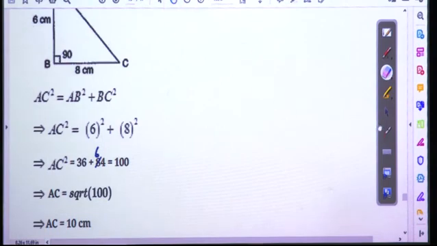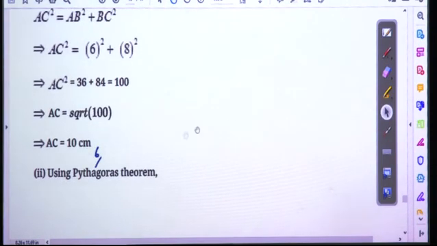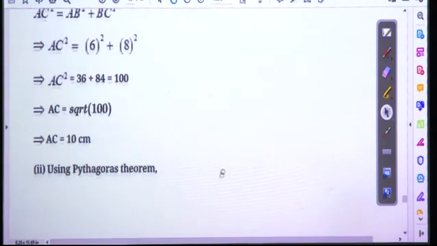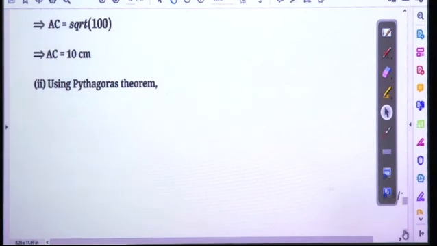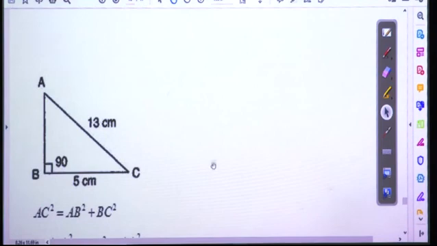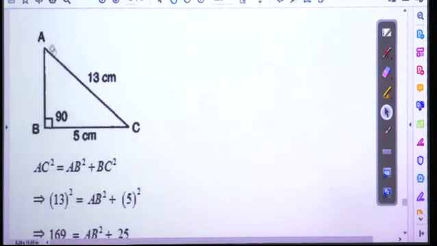Let us see the next sum. What is there in the next sum? Here it is. In the next sum, AC is given, BC is given, we have to find out AB. We know by Pythagoras AC square is equal to AB square plus BC square.